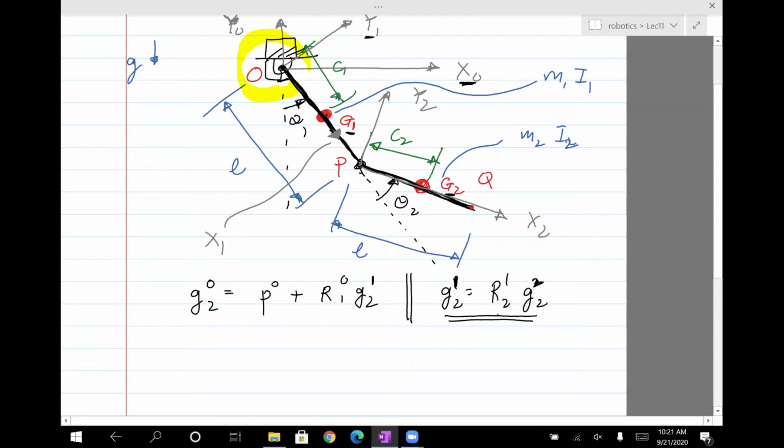Once I do that, then I can find the position in frame 0. Never mind. This is just the translation plus rotation formula. This is basically copied from that lecture.